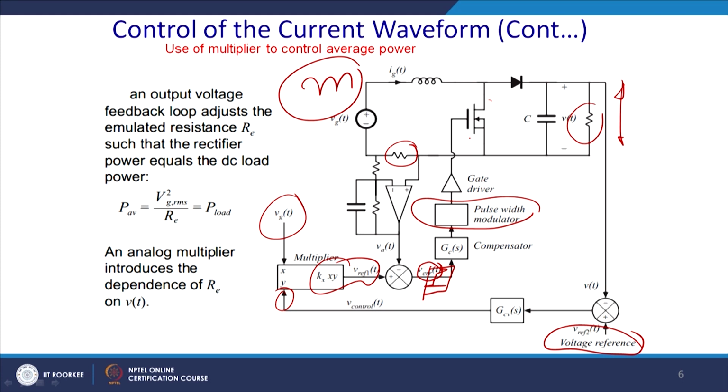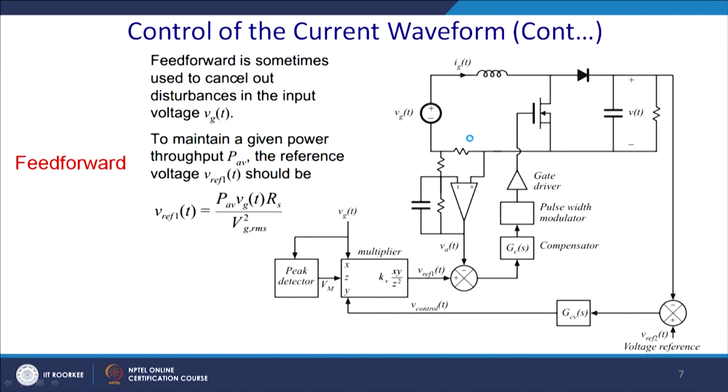These can be incorporated according to the rating of the system. So let us understand how it works. The feed forward is sometimes used to cancel out the disturbance of the input voltages.